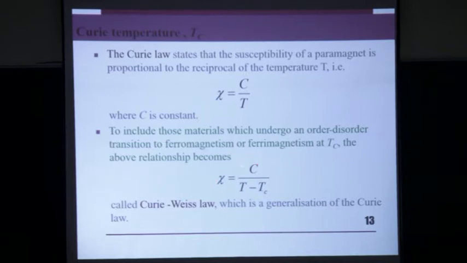Chi is equal to C by T minus Tc. Right? You can modify this relationship, which is the Curie law. You remember that is T minus theta or T plus theta. Correct. So here you can take this value and then include this for the ferromagnets.